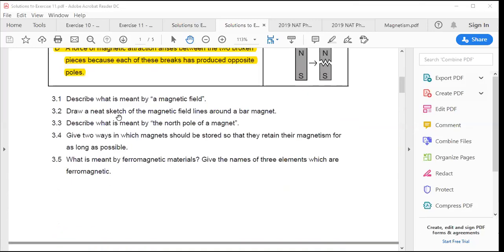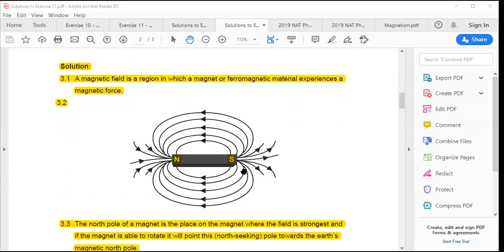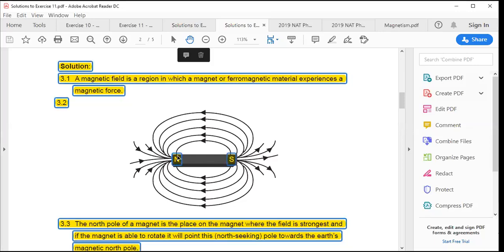Right, then draw a neat sketch of the magnetic field around a bar magnet. Right, so you're going to have that one there. You're going to have your north and your south. Then your field lines, these field lines are wrong here. It's supposed to be from north to south. So I will correct this one here. I must change this. This north is supposed to be here, and south, because field lines move from north to south.